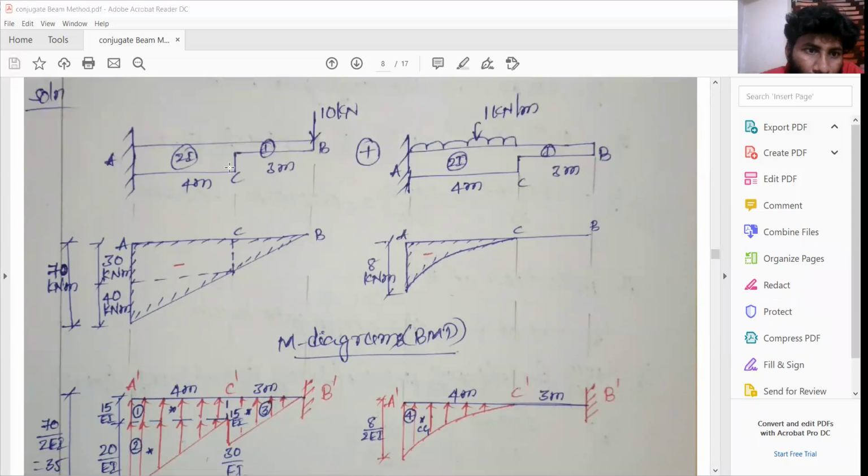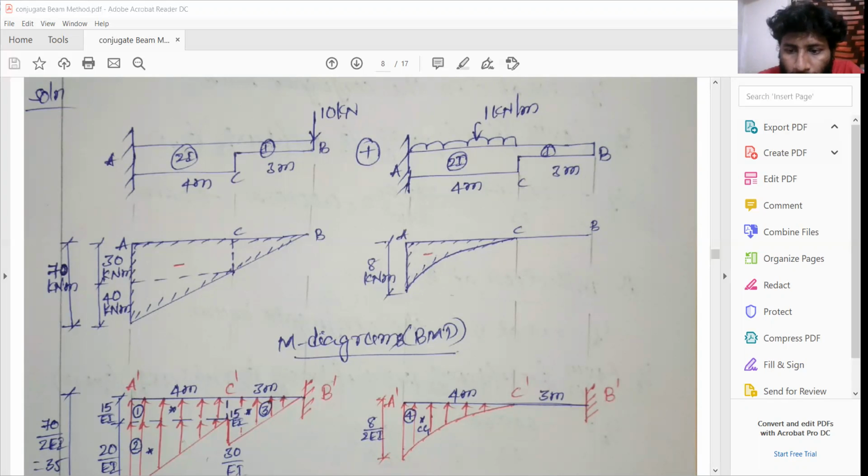Just left of this section, where the cross section changes, we have 2I, and just right of the section is I. So the value here is 30 kN divided by EI, which becomes 30 by EI, and just left of the section 30 divided by 2EI becomes 15 by EI. That's why I have shown at section C 30 divided by EI and also 15 divided by EI, because of the change of cross section. So the M by EI also changes here.